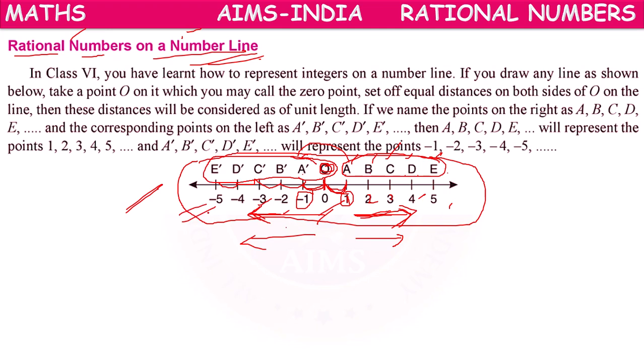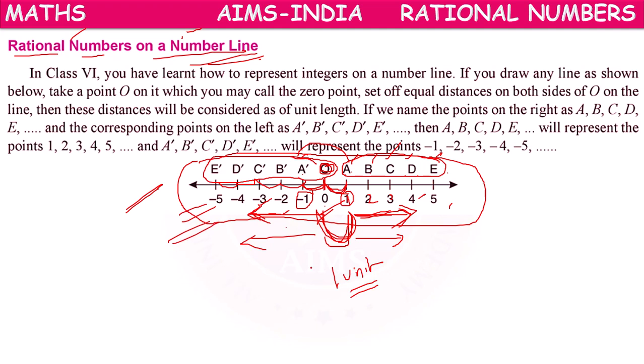About this we have learnt already. So here the point A means it is at a distance of 1 unit. Each corresponding point will be located at a distance of 1 unit compared to its previous point. Like that we can draw an integer number line.